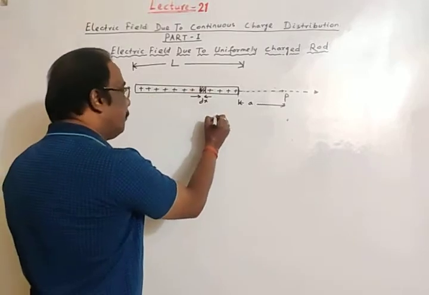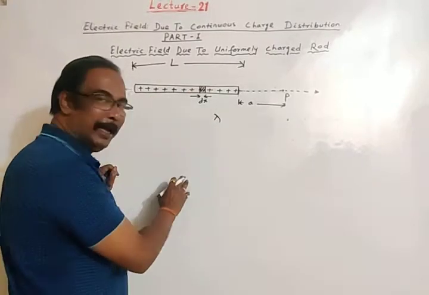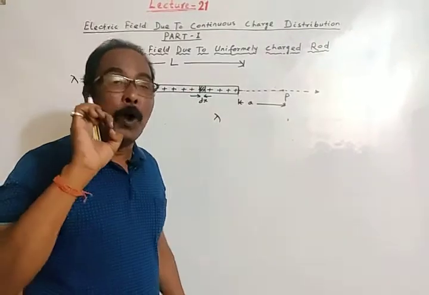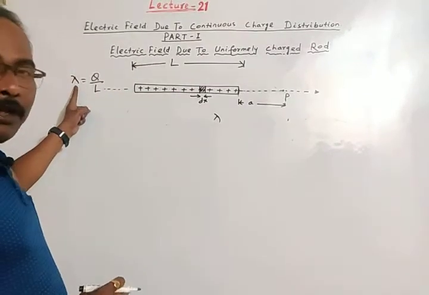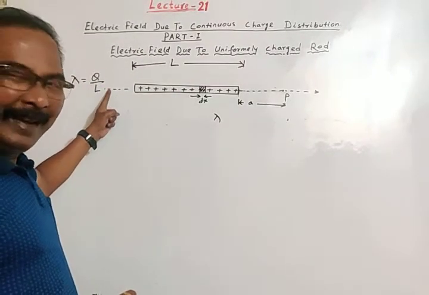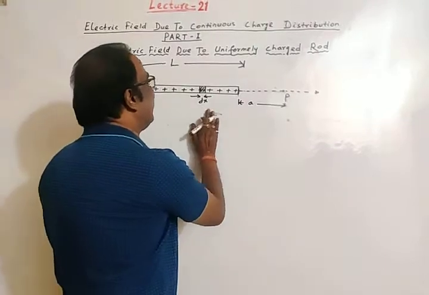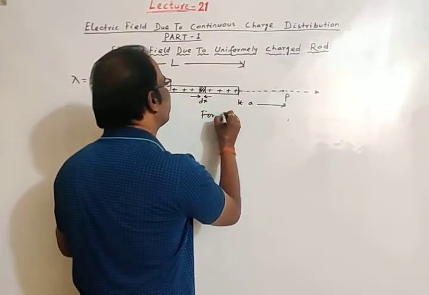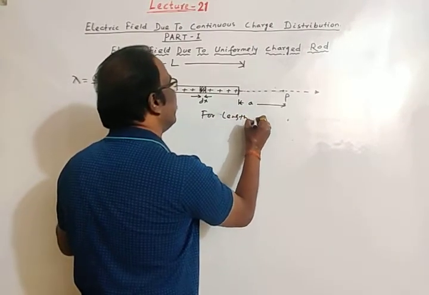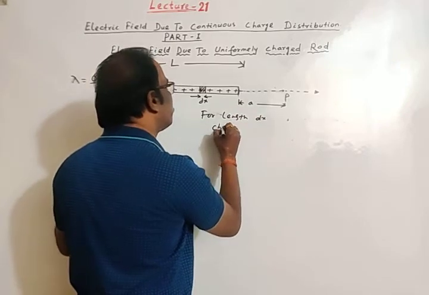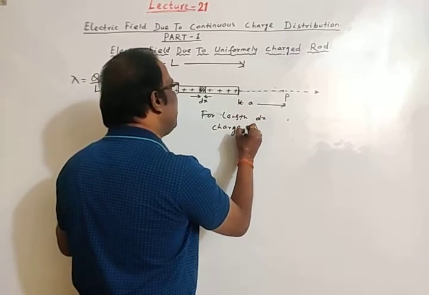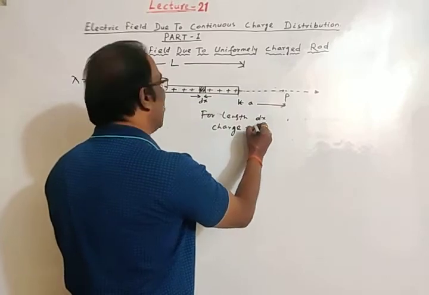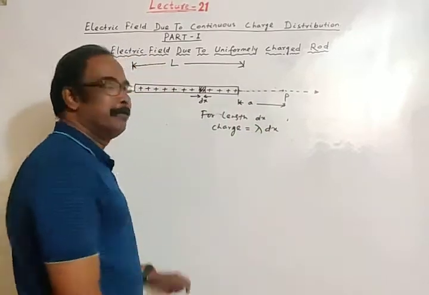If lambda is charge per unit length, then per length dx, the elemental charge is lambda into dx.